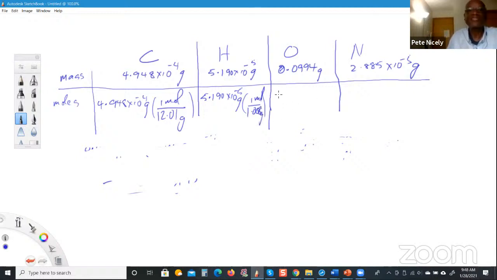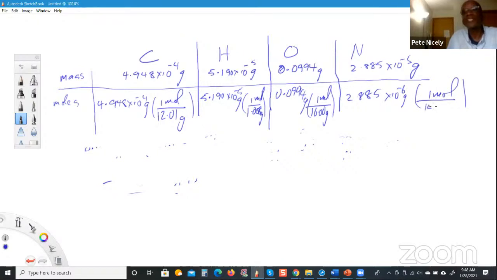In the case of oxygen, it would be 0.0994 grams multiplied by 1 mole over 16.00 grams. And finally, in the case of nitrogen, 2.885 times 10 to the minus 6 grams multiplied by 1 mole over the molar mass of nitrogen, which is 14.01 grams. And then we calculate each of these.